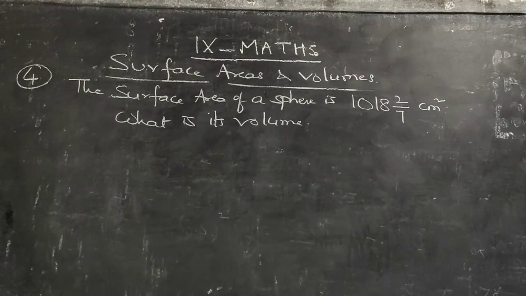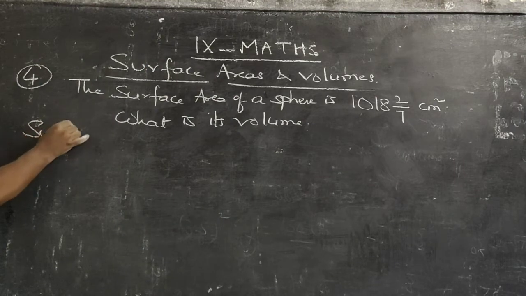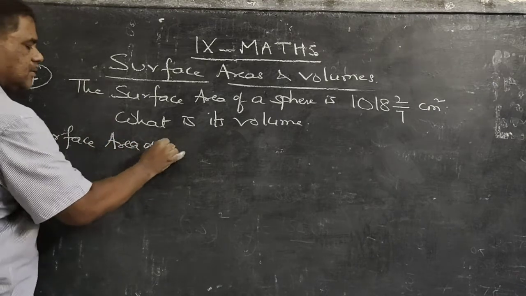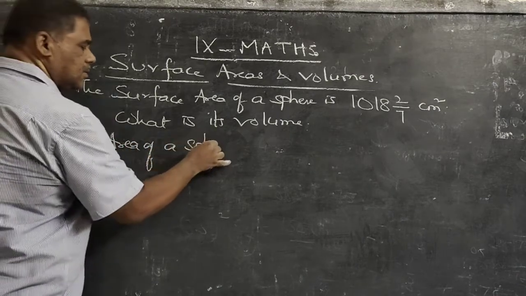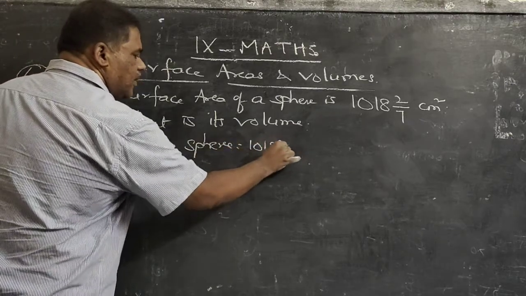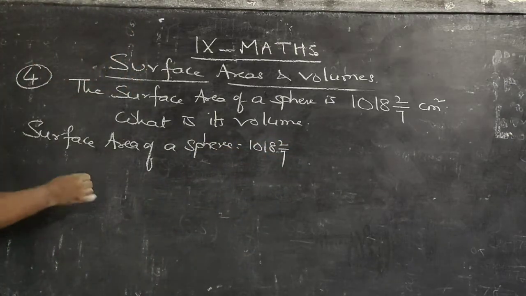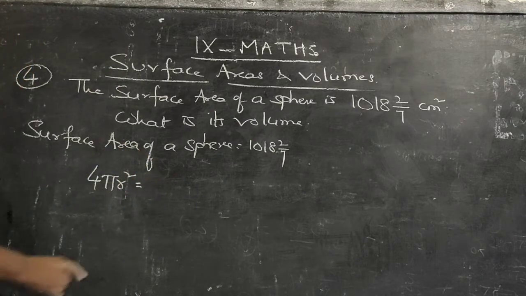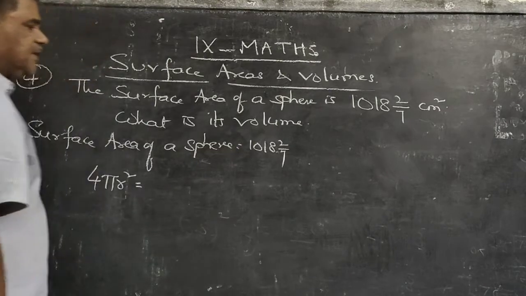Here surface area of the sphere is given. That is 1018 2 by 7. Surface area of the sphere is the formula 4 pi r square. This 1018 2 by 7, that is a mixed fraction.